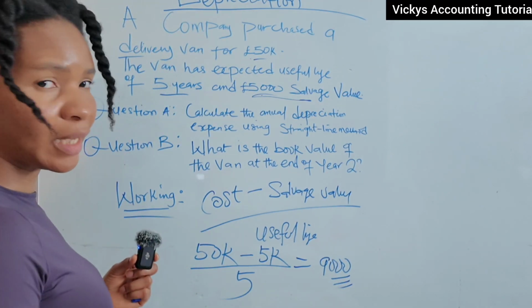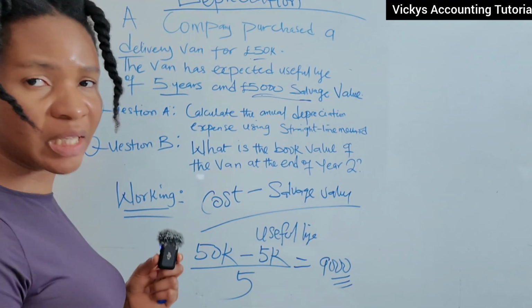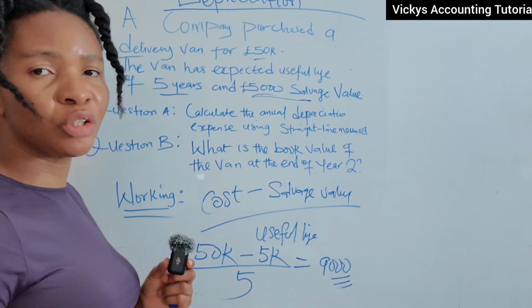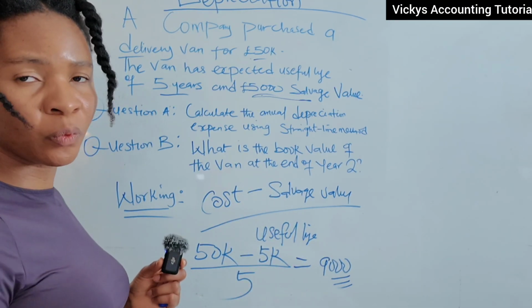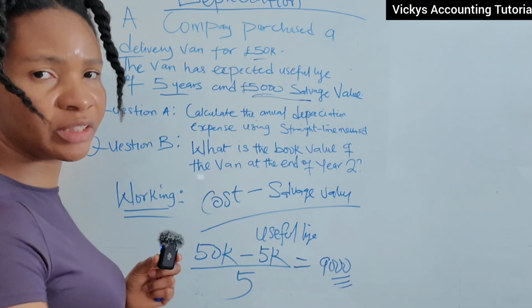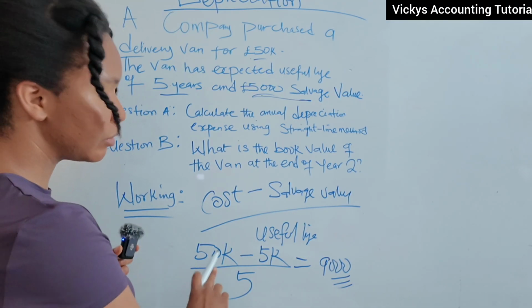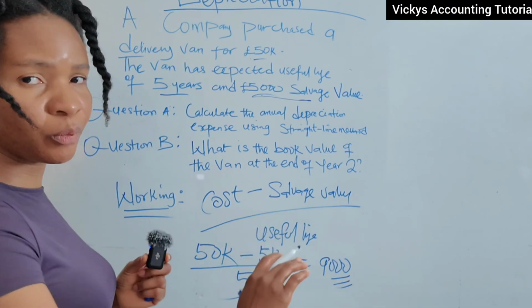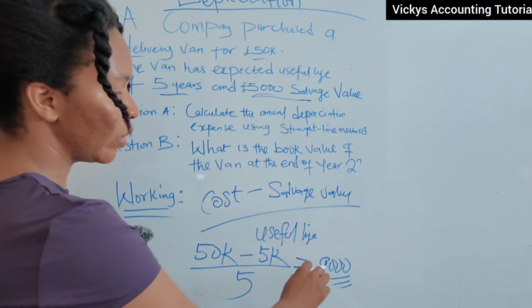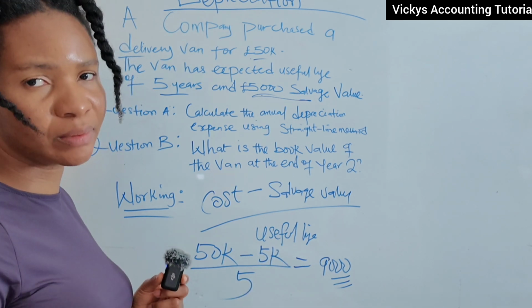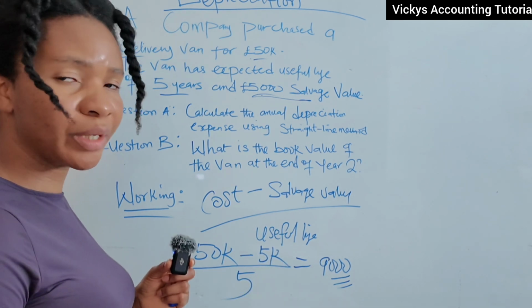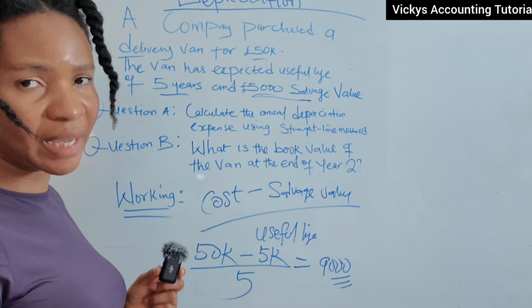That is our depreciation expense for that period. So instead of charging the whole 50k within 1 year, say the first year that we purchased the van, instead of charging 50k within the profit and loss statement, we charge only 9,000 pounds. That will be the depreciation expense for that year.